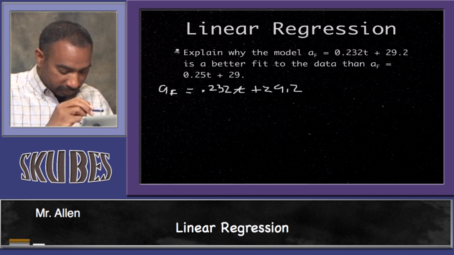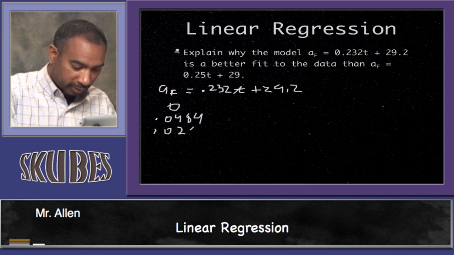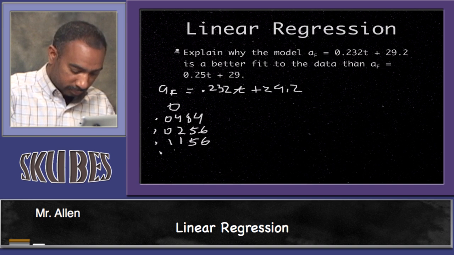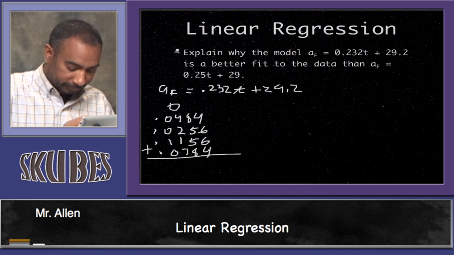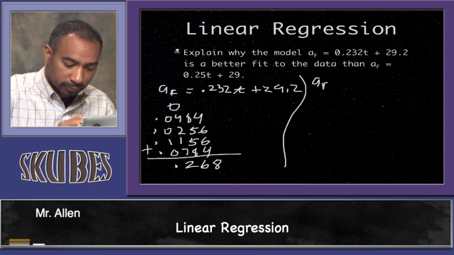And the squares of the residuals were 0, 0.0484, 0.0256, and so on. And you're going to add these up, and you should get 0.268. Let's compare that to the other function.